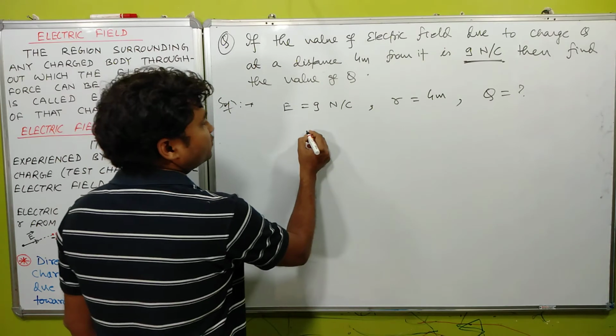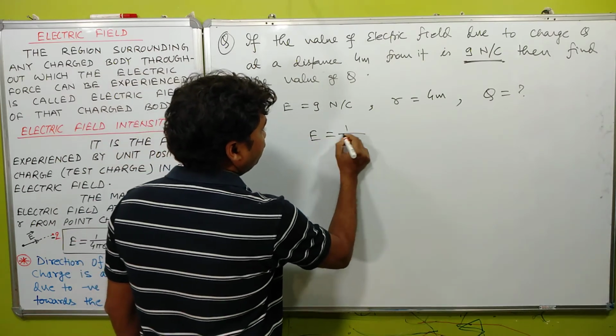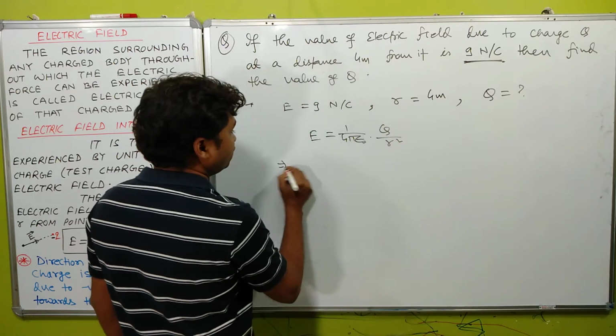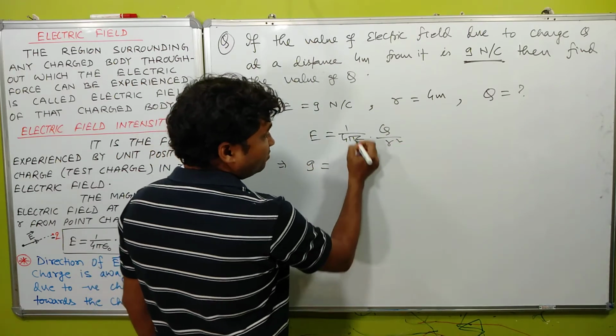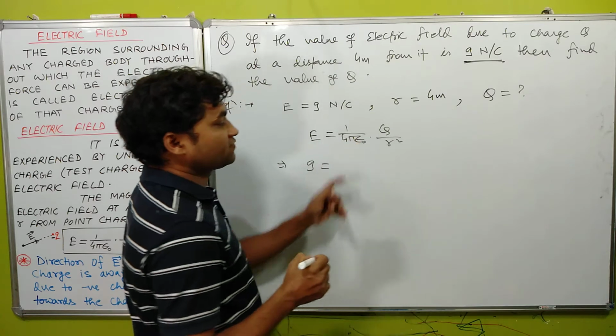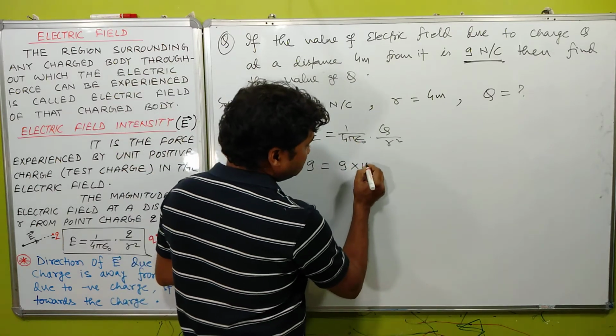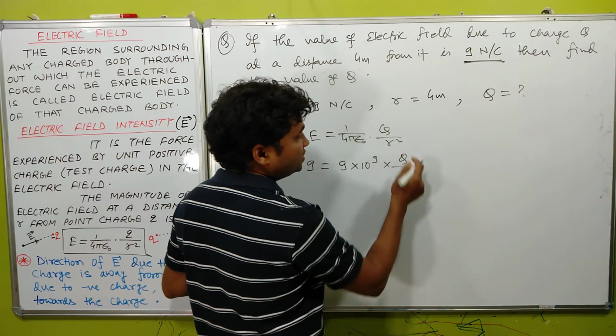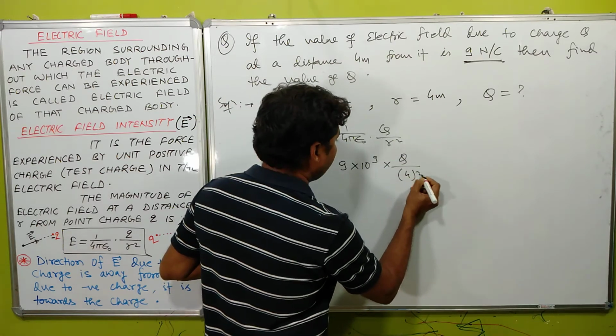We have the formula E equals 1 by 4 pi epsilon naught into Q by R square. Here E is 9, and 1 by 4 pi epsilon naught, student, you have to remember its value. Its value is 9 into 10 to the power 9, times Q. We have to find the value of Q. Distance R square means 4 square.